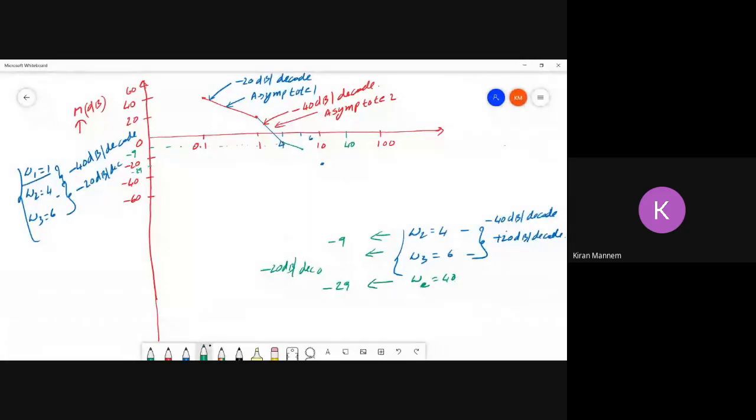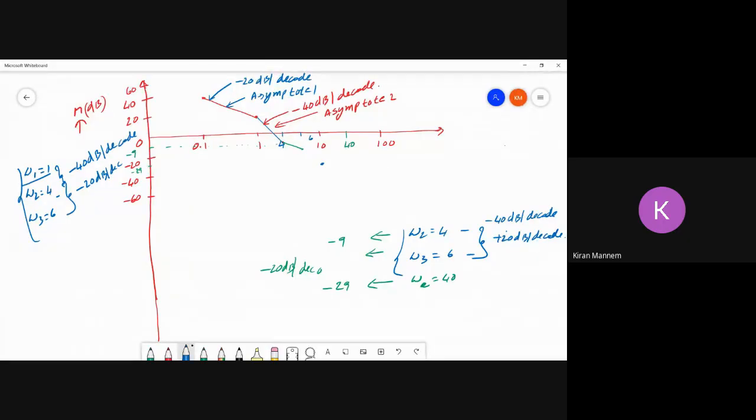Now, from this 6 to infinity, we have no other corner frequencies. What would be the slope of the straight line? Now let us write this third asymptote.